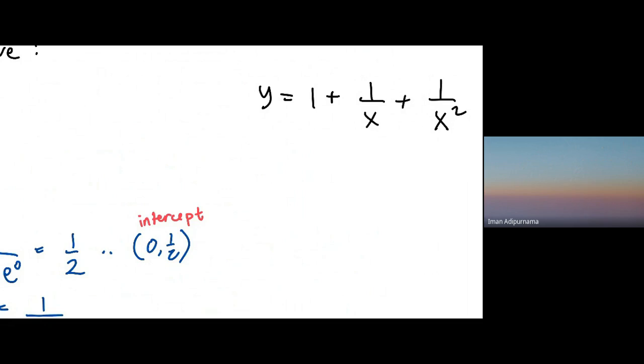I think the domain will be clear. x is not equal to 0, so probably that will be our vertical asymptote. We can check with limits for x equal to 0. So we can check x approaching 0 from the left, from the right, check whether it is infinity or negative infinity, and then check the limit as x approaches negative infinity to positive infinity.